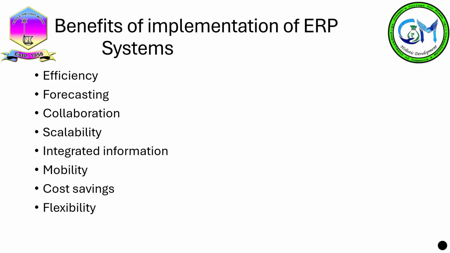Another benefit is forecasting. ERP software gives users and especially managers the tools they need to create more accurate forecasts. Since the information within ERP is as accurate as possible, organizations can make realistic estimates and more effective forecasts.